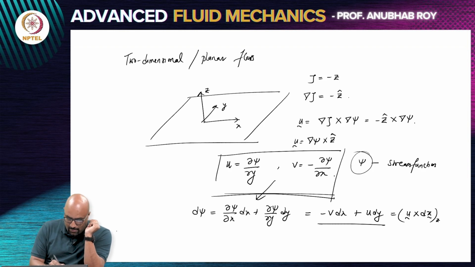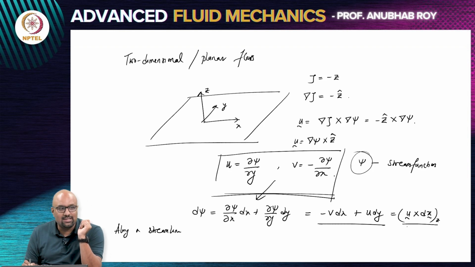So, along a streamline, we know u cross dx is equal to 0, because the velocity vector is tangent to the streamline at any point on it.